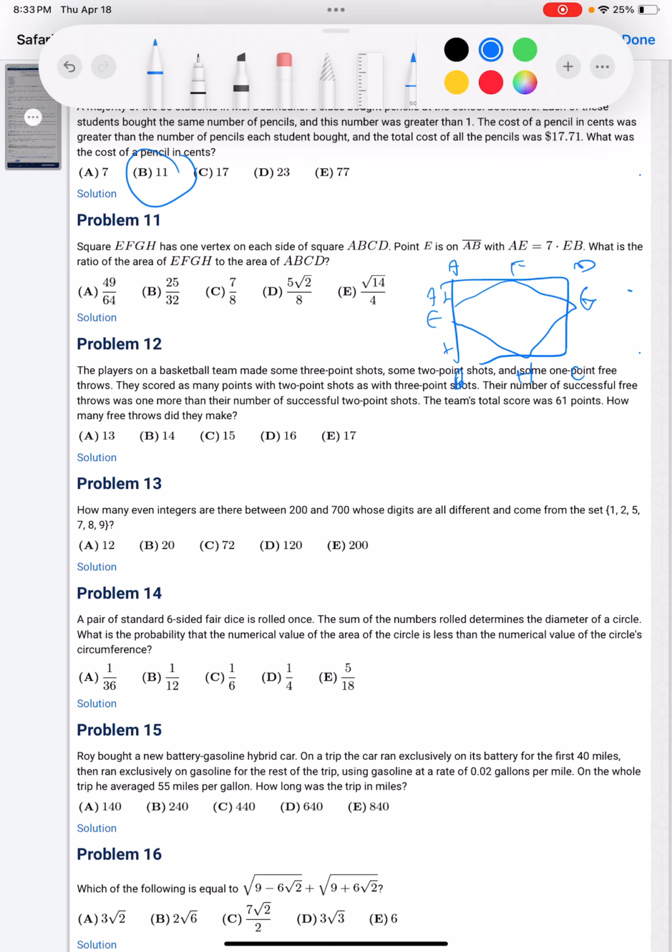If one point does that for one side of the square, it'll happen for all the other sides. So this should also be x, this should be 7x. It should be x, 7x, right? So we have that this triangle is going to be square root of 50 x squared. And then our total is going to be 64x squared. It should just be the square root of 50 over 64.